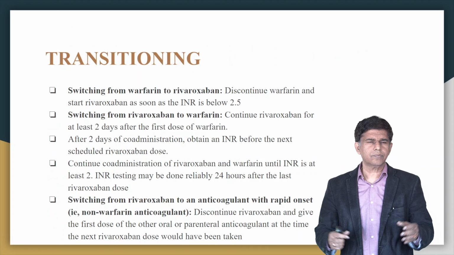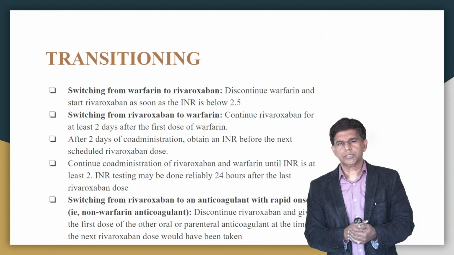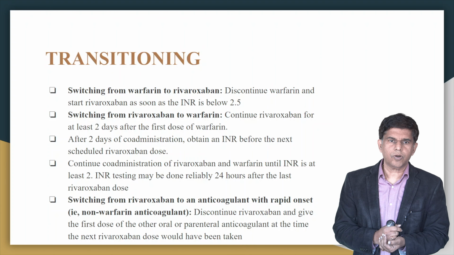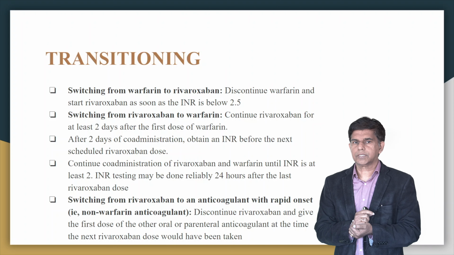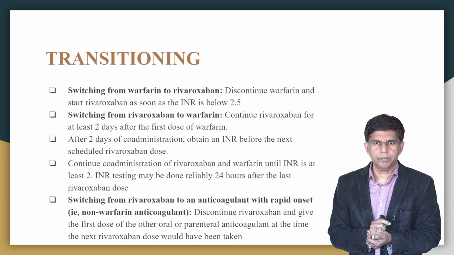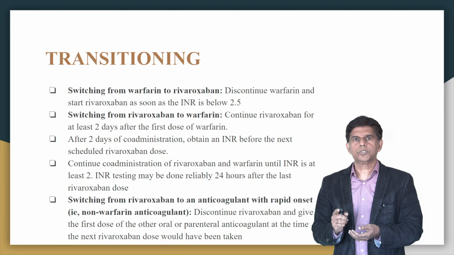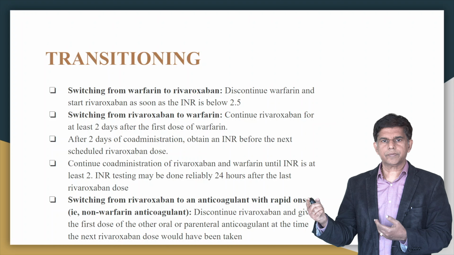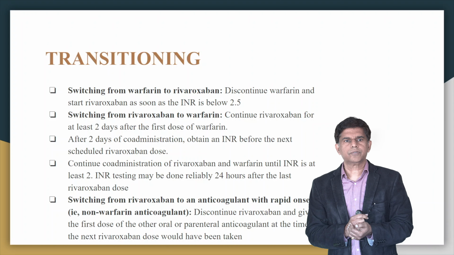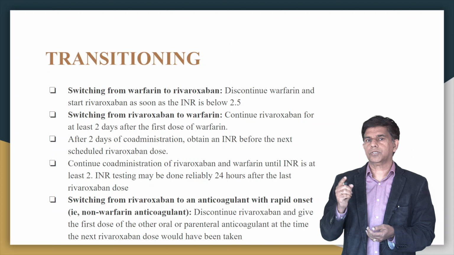Okay, transitioning. When do you switch when the patient is on Coumadin? Switching from warfarin to Rivaroxaban, discontinue warfarin and start Rivaroxaban as soon as the INR is below 2.5. Remember that. When the INR becomes less than 2.5, you can switch. And then switching from Rivaroxaban to warfarin, continue Rivaroxaban for at least 2 days after the first dose of Coumadin.